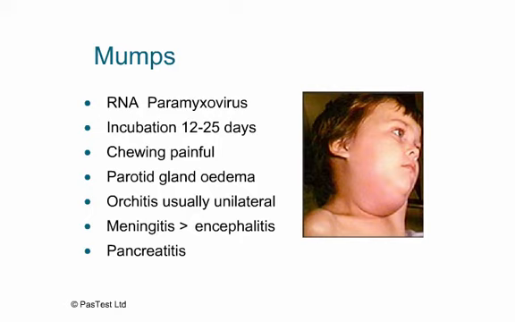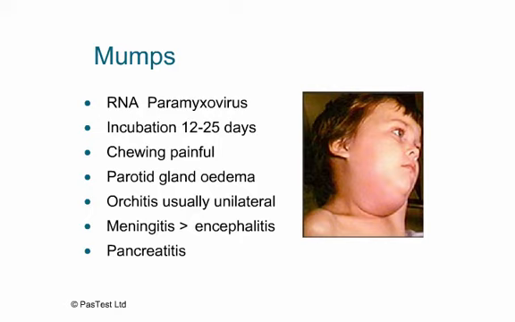The most common complications are meningitis and pancreatitis. The meningitis is associated with a very good prognosis, and of children with mumps, over 50% have a leukocytosis, or a raised white cell count, on the CSF.